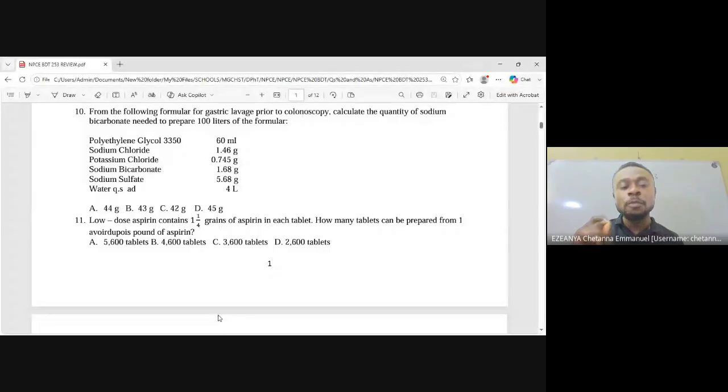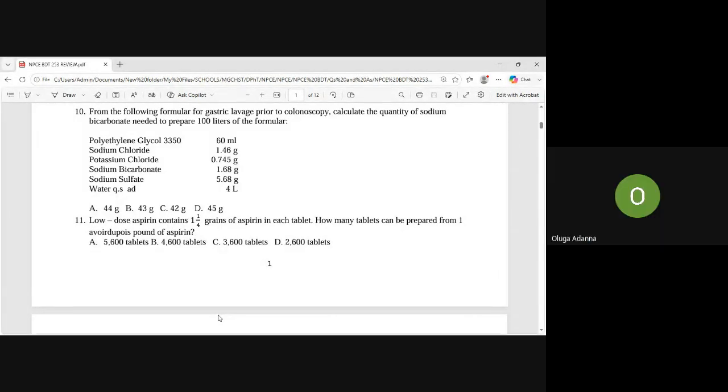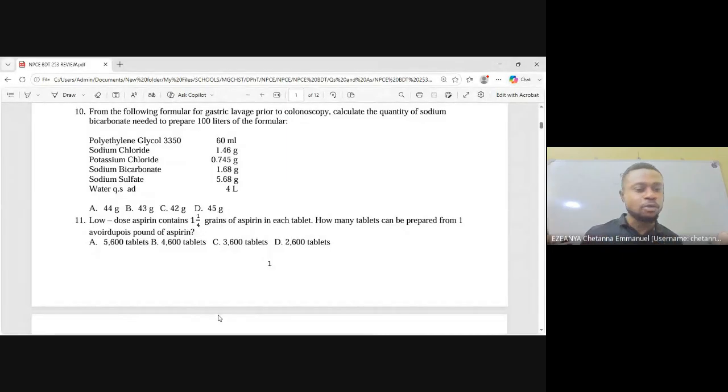You pick the quantity of sodium bicarbonate needed to produce 4 liters as stated in the formula. You now enlarge it to get the amount needed to produce 100 liters. Is that clear? Yes, sir. It's a simple question to answer. Go straight to the point. Since you are enlarging, you can simply get the enlargement factor.